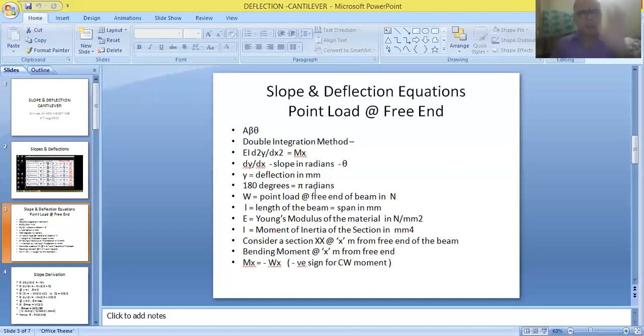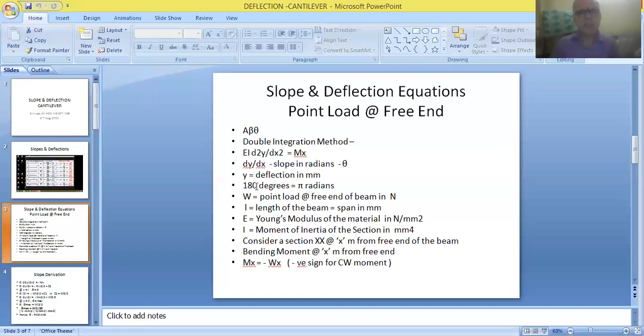However, as far as our chapter is concerned, slope values are always expressed in terms of radians, and theta is used for indicating this parameter. It is a derivative of the deflection, so it is also written as dy by dx.